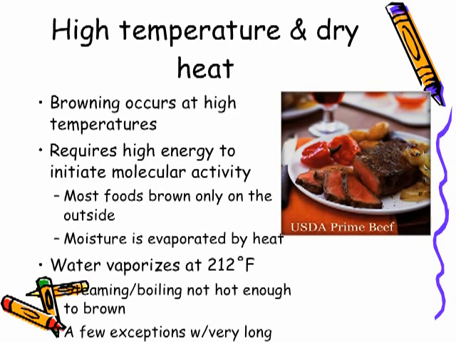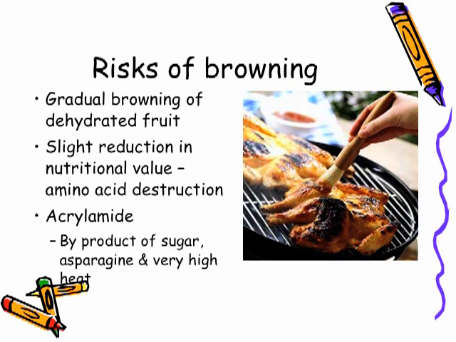But the illustration on this slide of a steak that's been placed on a grill or a broiler is a great example of a food that browns at the high heat that the exterior is exposed to, and yet because of the amount of time that the food is exposed to heat, it remains juicy and moist on the inside.